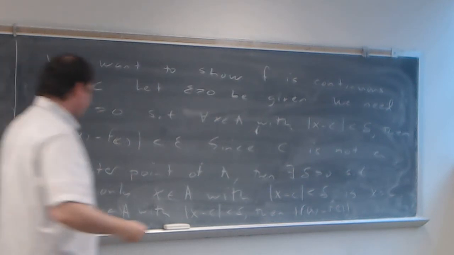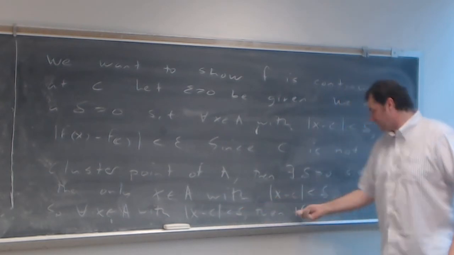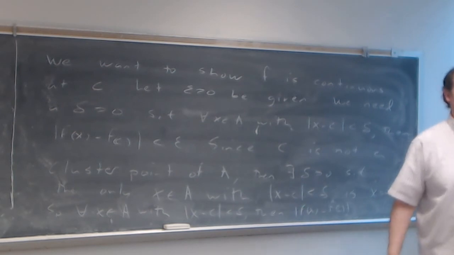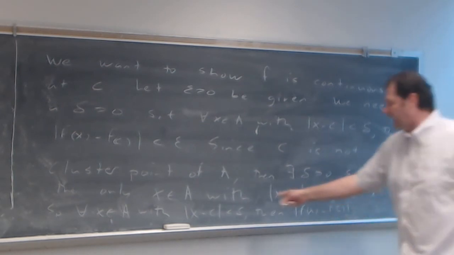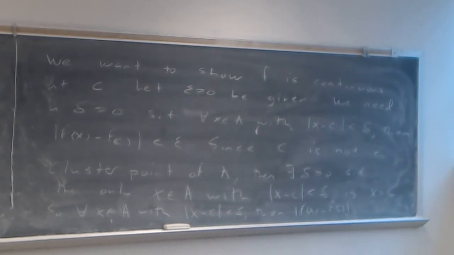Look, I'm talking about the x's in A that satisfy this. And I want to say, what can I say about, for all those x's, their output values, what their distance is from f(c). So I'm talking about this set. All the x's in A such that their distance from C is less than delta. Wait a minute, what did I just say about all that set? What's in that set? What are all the points of A whose distance from C is less than delta?